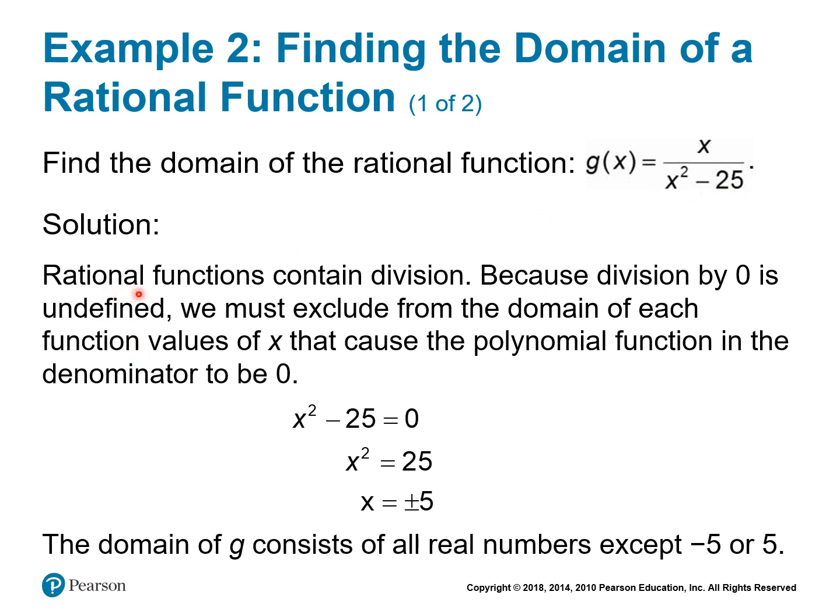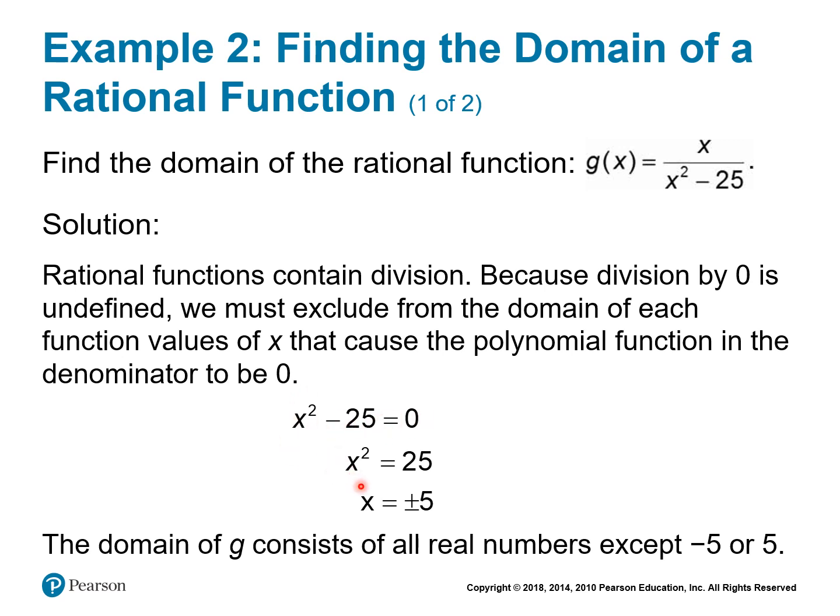Now, again, because there's a division involved here, we have to make sure that we do not include any values of x which will make x squared minus 25 equal to 0. So all we do is take just the denominator, x squared minus 25, make it equal to 0 and solve for x. Find the value of x which will make x squared minus 25 equal to 0.